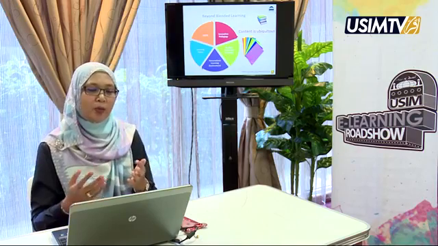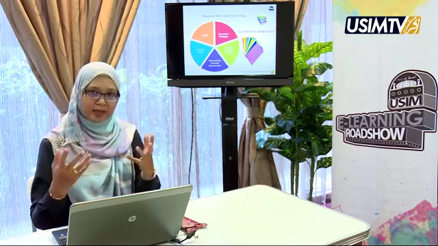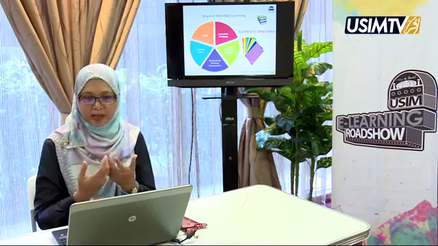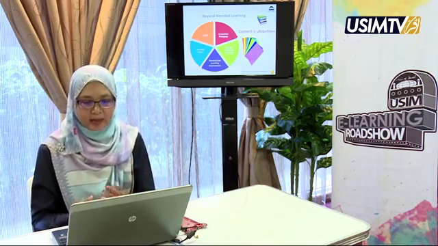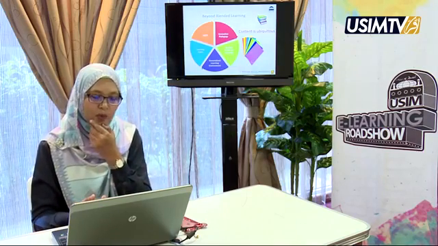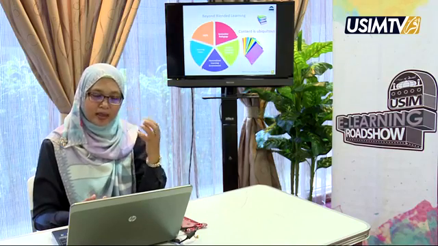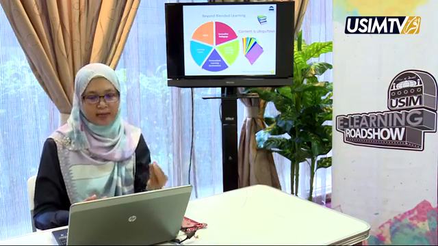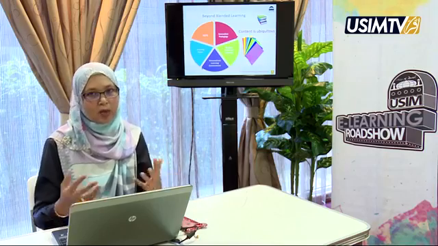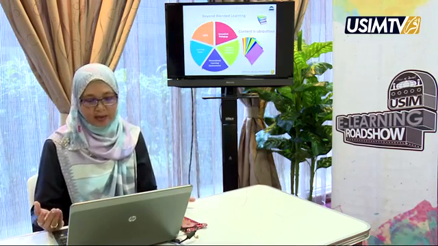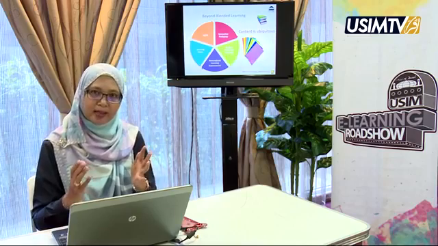Other than that, we have to think about how to innovate our pedagogy, how to be innovative in teaching and learning. And then we would like to sustain the focus on student-centered learning. And how can we personalize the learning environment? We also have to bring in learning styles.